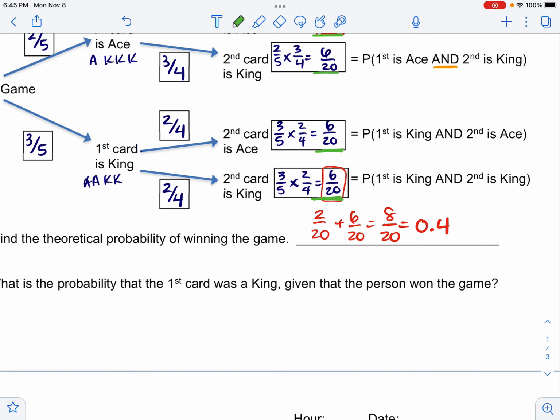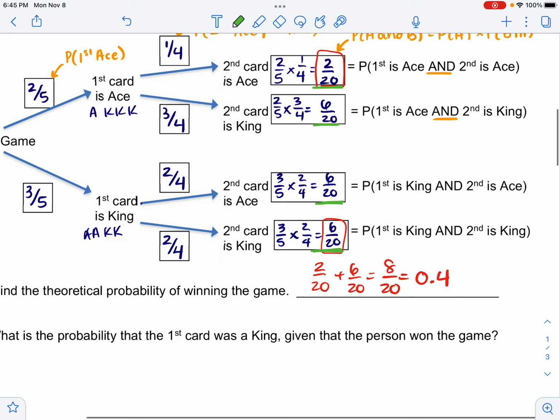So if you were to add all of them up, 2 over 20, 6 over 20, 6 over 20, 6 over 20, because those are all possible outcomes, I expect that the total in the end should equal 1. And if you did that, you would see that they do in fact equal 1. So that's something we expect, and it's a great way to check your work when you're making a tree diagram.